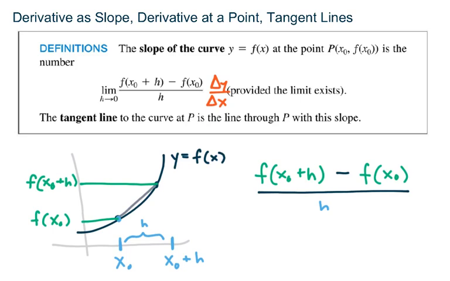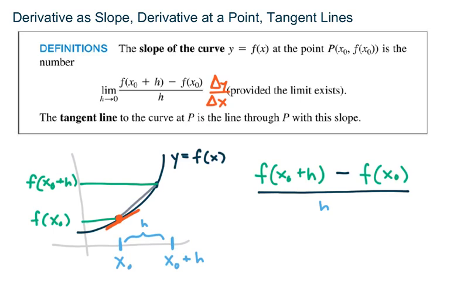And our goal here is we don't want to find the slope between 2 points, because the slope between 2 points represents what we call the secant line. We want the slope at specifically just this 1 point right here at x sub 0. So we want that slope right there, which is a little bit different.